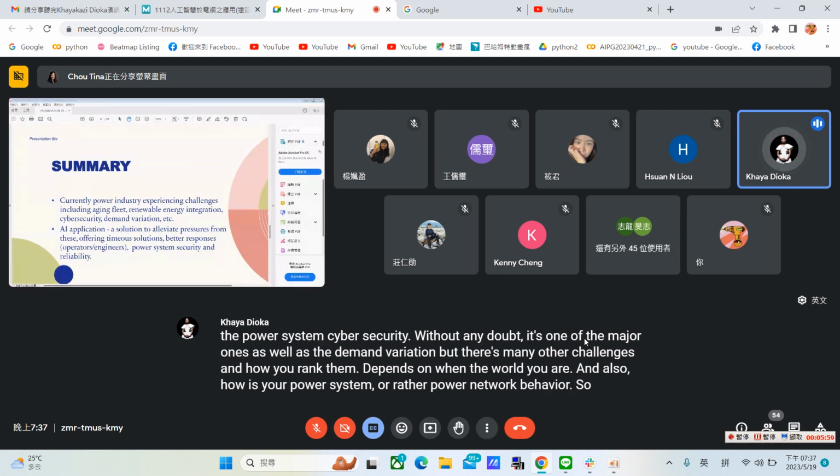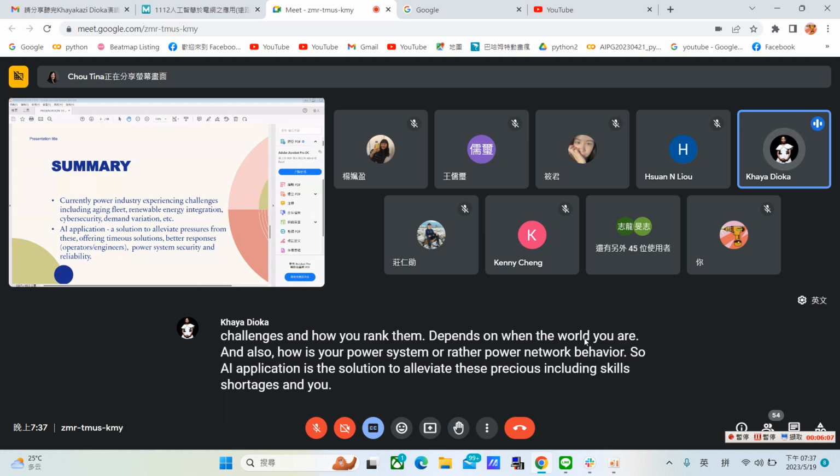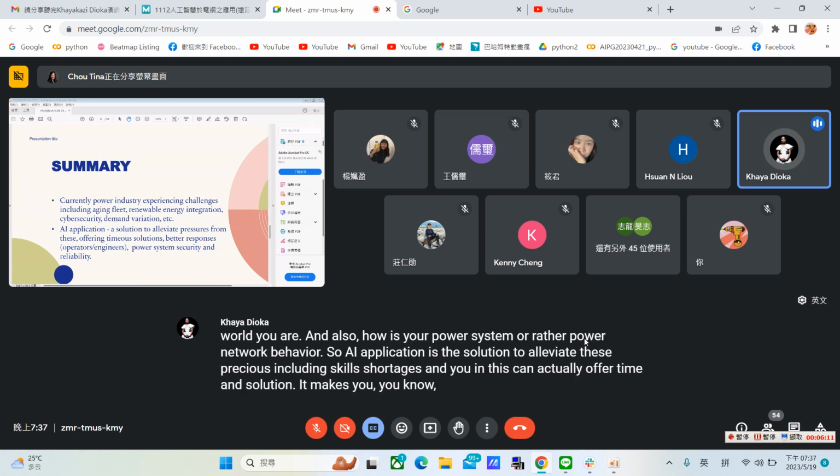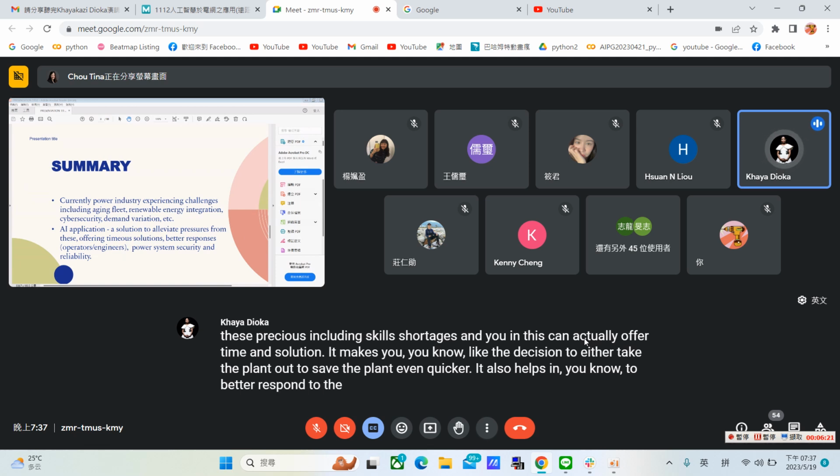So AI application is a solution to alleviate these pressures, including skill shortages. And this can actually offer timely solutions. It makes the decision to either take the plant out or to save the plant even quicker. It also helps to better respond to the current network challenges.